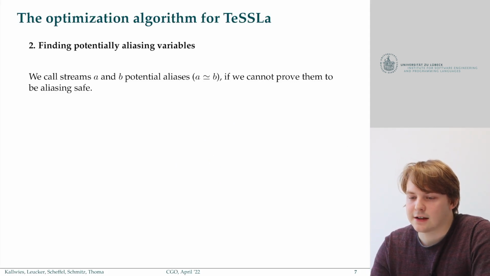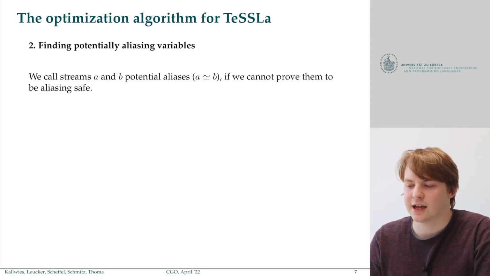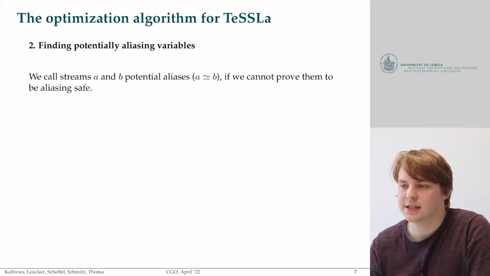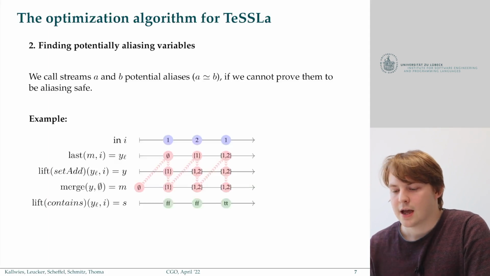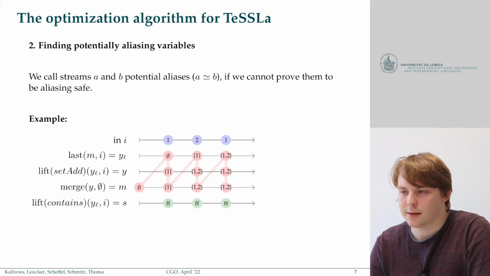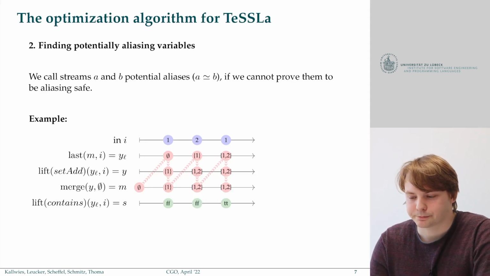The second foundation of our algorithm is a notion of potentially aliasing variables. We say two streams, A and B, are potential aliases if we cannot prove them to be aliasing safe. That means it could be that the two streams carry the same event at the same timestamp. I will not present the details of this algorithm here due to timing constraints, but it can be found in the paper.